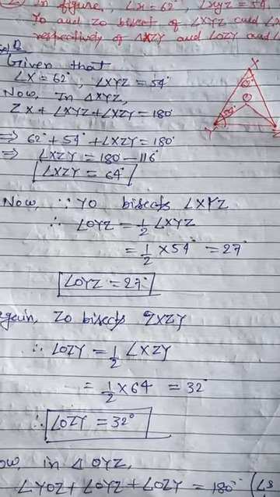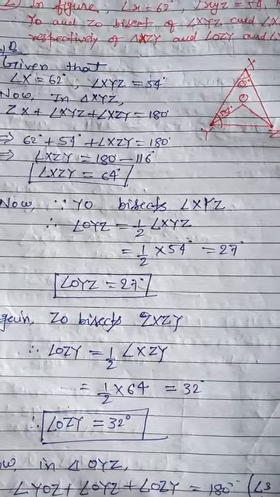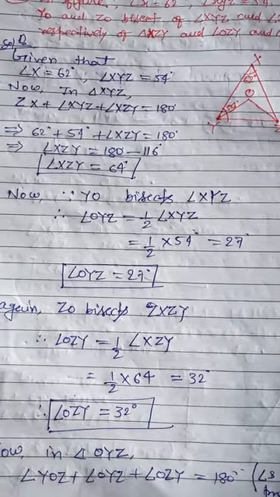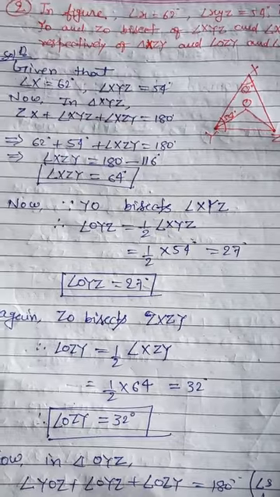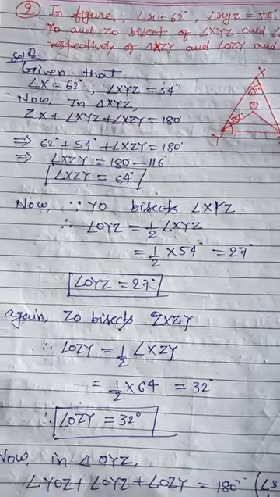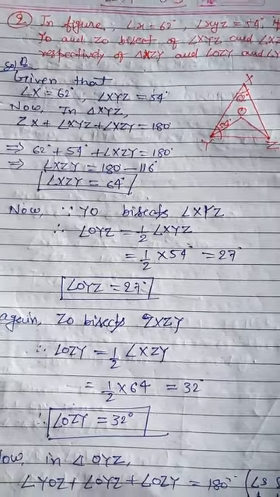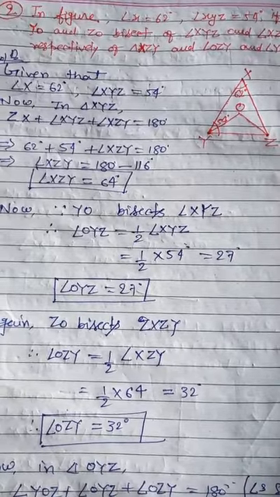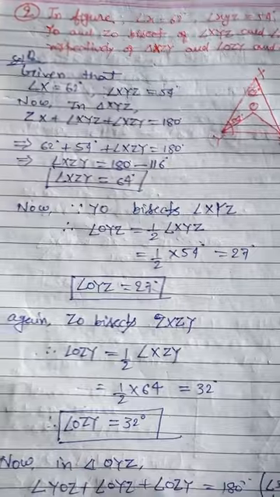According to the first theorem, the sum of all angles of a triangle is 180 degrees. And according to the exterior angle property of a triangle, the exterior angle is equal to the sum of the opposite interior angles.